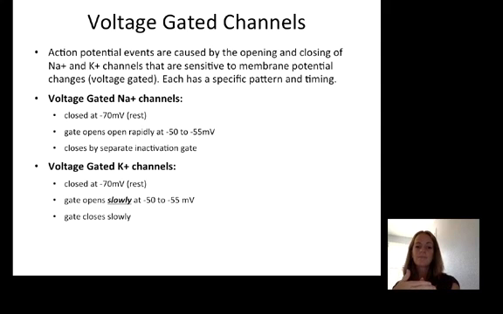Potassium channels take a little more time. So sodium will signal first before potassium, and they both have the same threshold, minus 50 to minus 55. The potassium channels do not have an inactivation gate or a plug. They only have this regular voltage gate that, after it opens, will then close slowly.